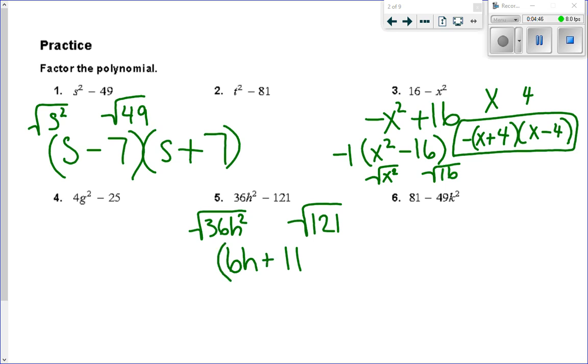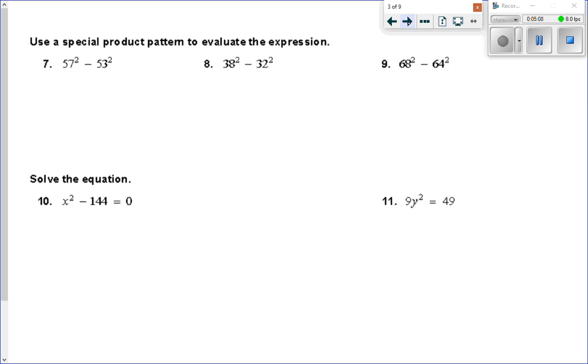We know this is a difference of squares, so we finish that out with both a positive and a negative. We are going to move on. If you want to work on these other ones, get a little more practice, you can do that. Let's move on down the page.